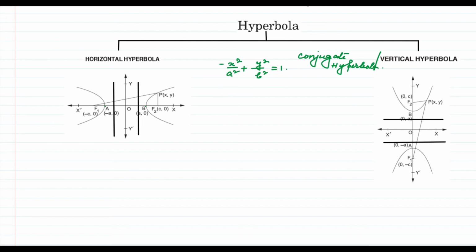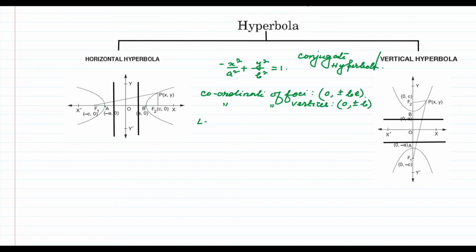Since its transverse axis is along the y-axis, the foci will lie on the y-axis. So the coordinates of its foci are 0 comma plus minus be, and the coordinates of the vertices are 0 comma plus minus b.